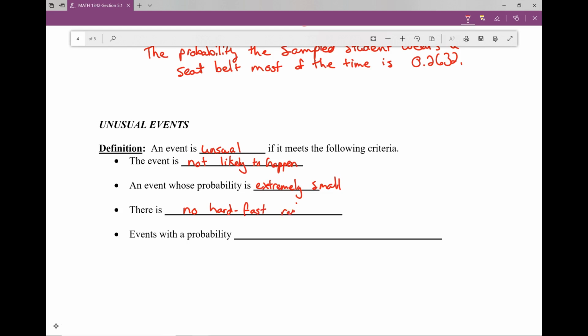What we do most of the time for most of our probabilities and research, events with a probability of less than 0.05 are considered to be unusual.